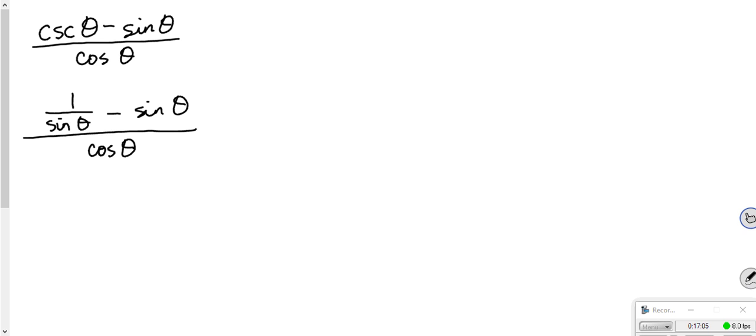Now, once again, we have an ugly complex fraction. On top, I'm just going to focus on the top for a minute. We have got to get common denominators, which is just going to be the sine theta. So I've got to multiply that second part of the numerator by sine theta, top and bottom.